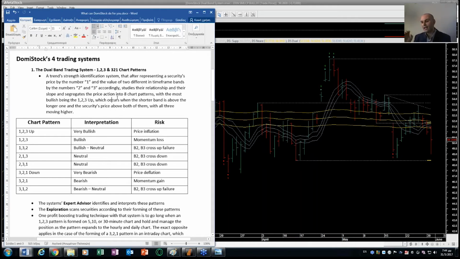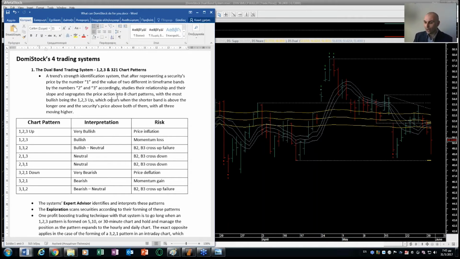So if we find, and forget about the A rating, I'll tell you about the A rating later, but suppose that we find a stock, a security, an ETF, a Forex, the euro or whatever, that gives us a 1, 2, 3 up chart pattern in the 5-minute chart, or the 10-minute chart, or the 30-minute chart, not higher.